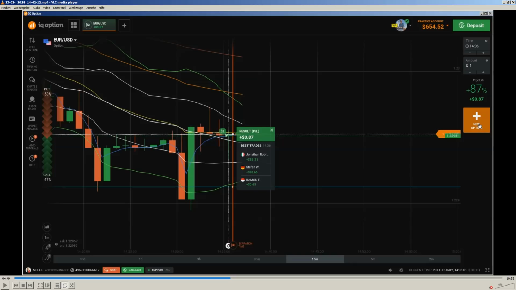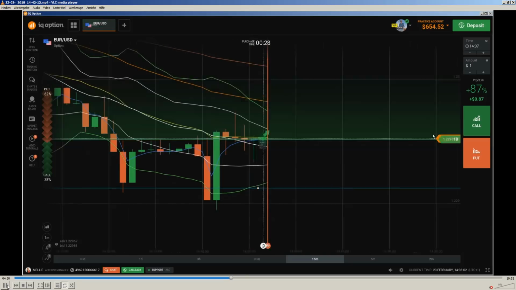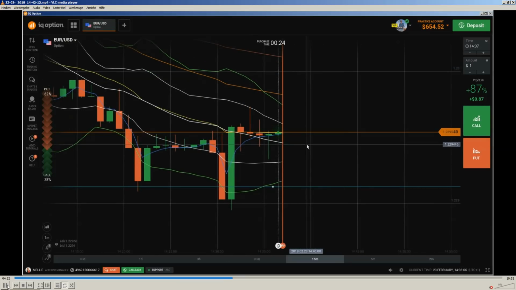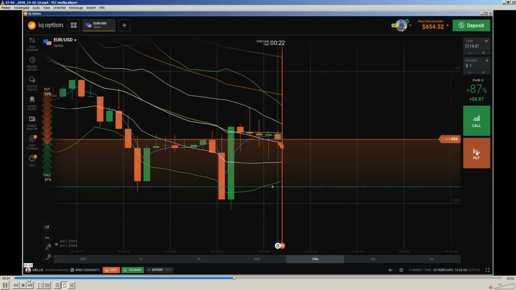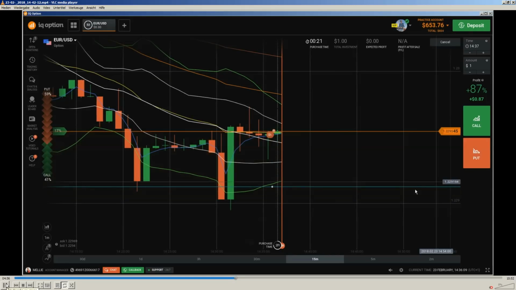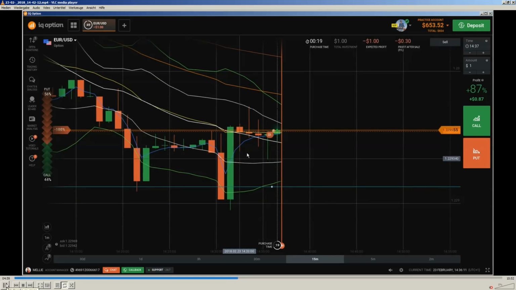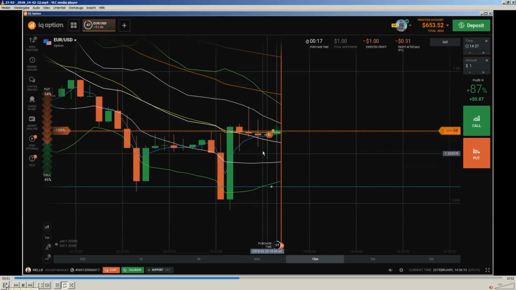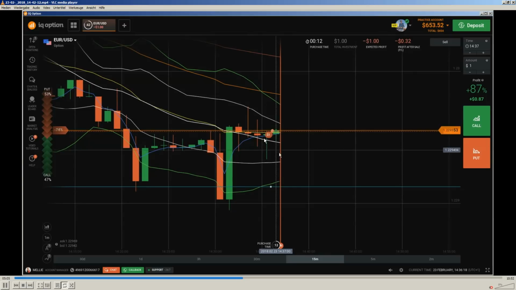So, and after this, now that we got here 1, 2, 3, 4 touches, yes, I would expect that price would go down now, because this candlestick here showed me that we got here, and I entered into a put after I got above the 20 EMA, into a put trade because this candle here is telling me that we have huge selling pressure.